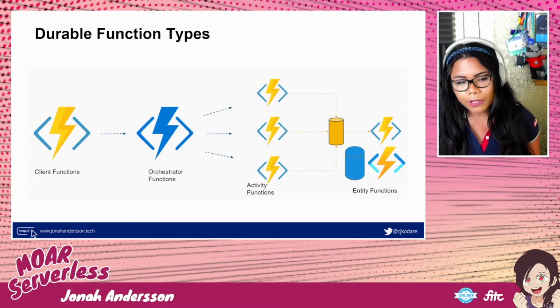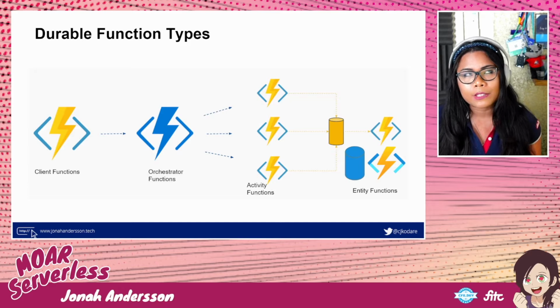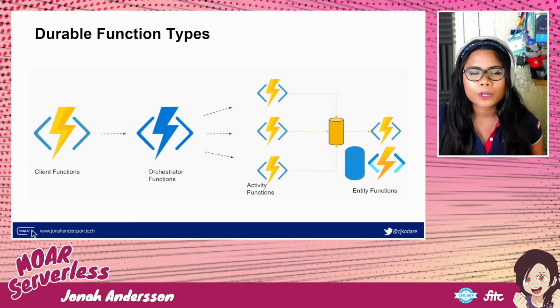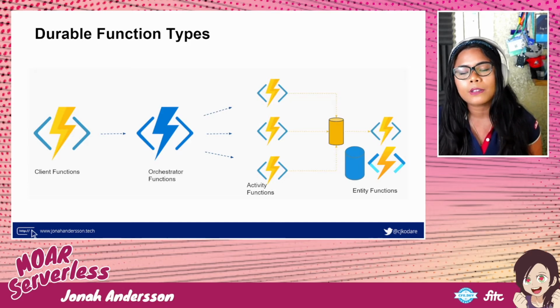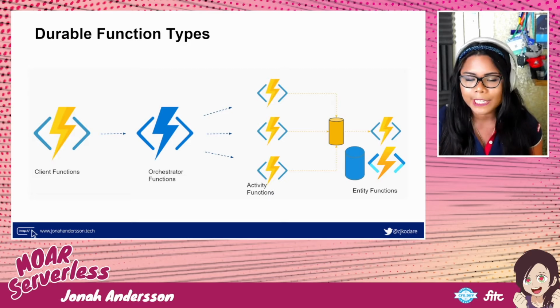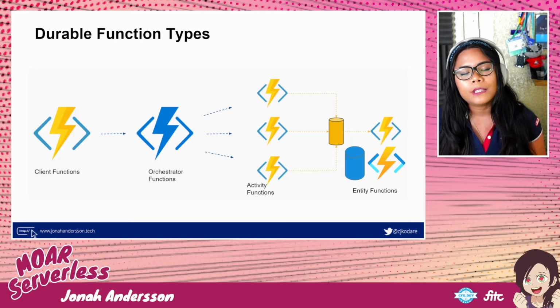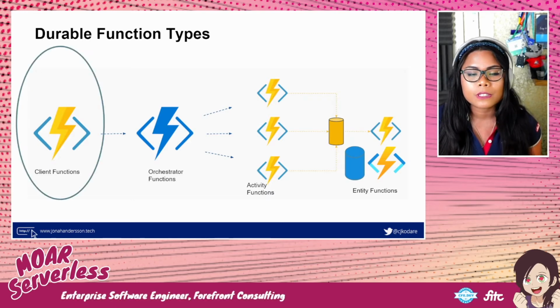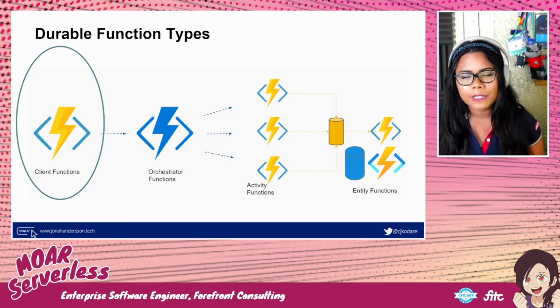When you're working with durable functions, it is important to know the concept of the different types. There are actually 4 types that are documented. There's the client functions, which is like a starting point of your orchestration.